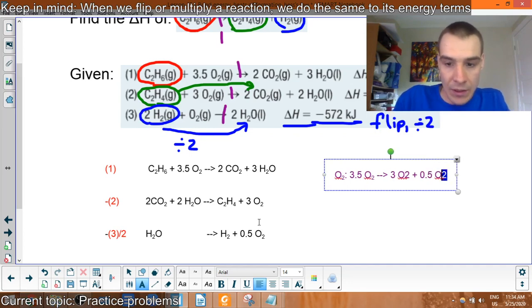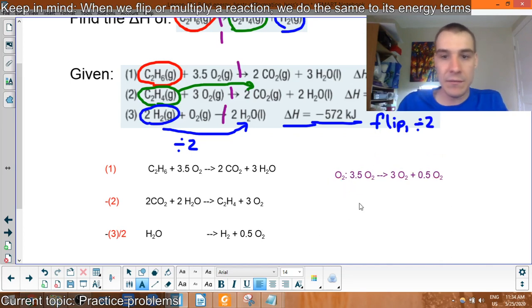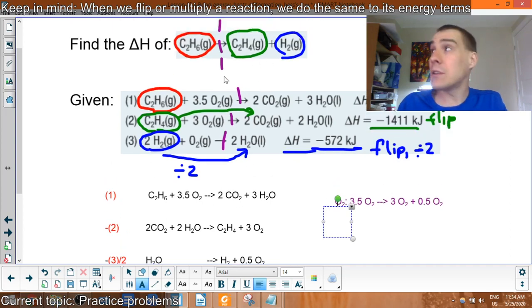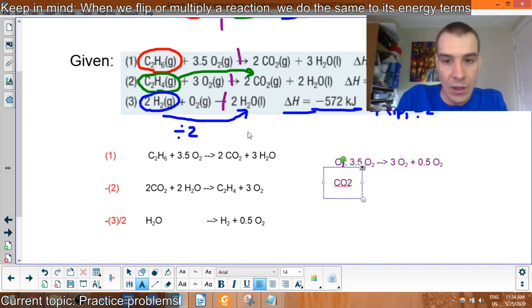So that actually balances out. That's going to be nothing. 3.5 oxygens, make 3.5 oxygens. That cancels out. Next up is the CO2, which doesn't show up in our initial reaction.